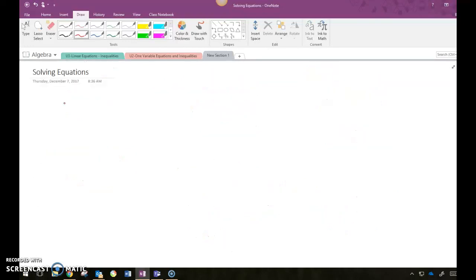Okay, guys, let's continue our examples of solving multi-step equations, and let's look at something with fractional numbers in it. So what if we had 1/4 x plus 2/3 equals, let's just go with 1/3 to start with.